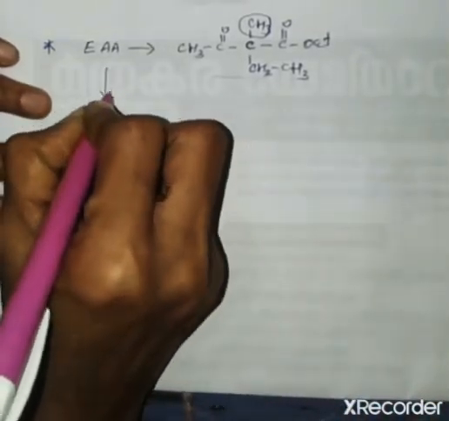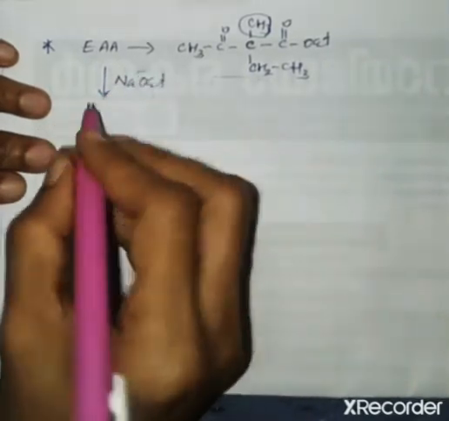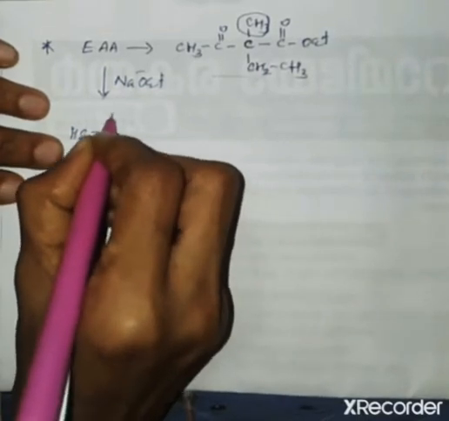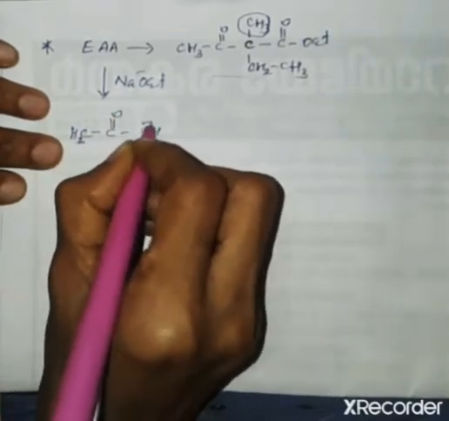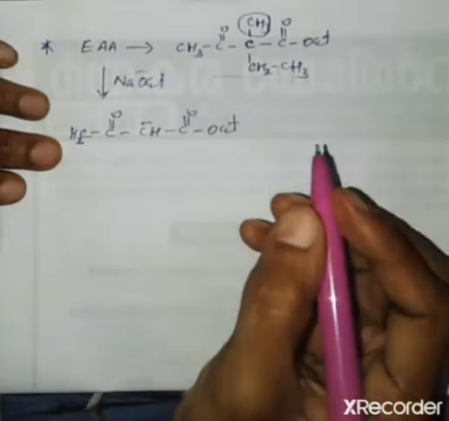First, ethyl acetate is treated with sodium ethoxide. We can get an enolate anion, CH3 C double bond O, CH minus, C double bond O, OEt.